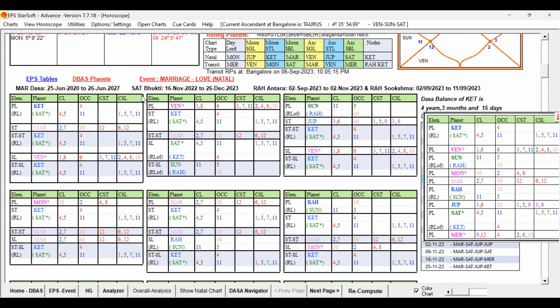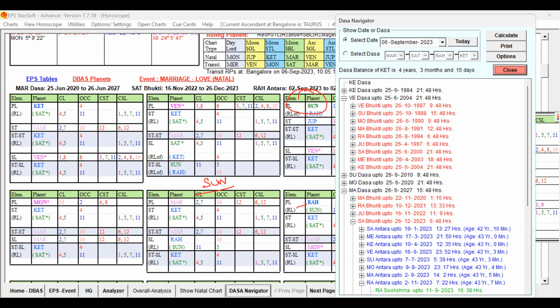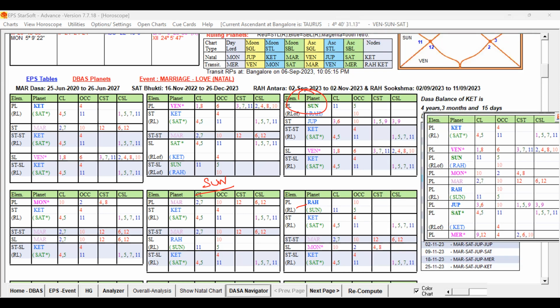So actually, this Sun is good, the Dasa Lord, and Rahu, Venus and Saturn are favorable, right? So let us check when the native got married. Let me check the date of marriage.